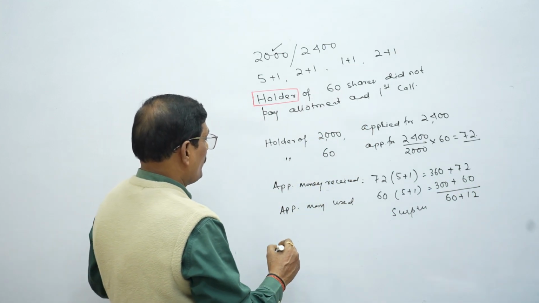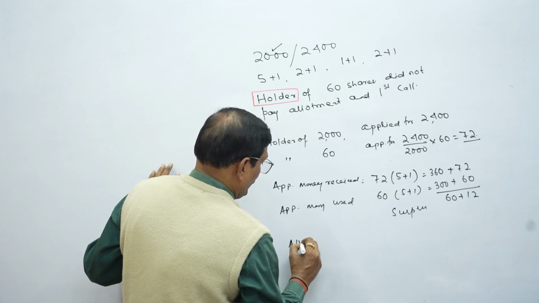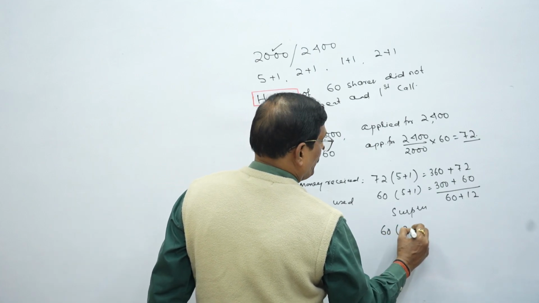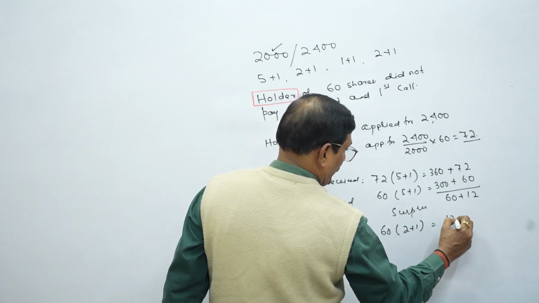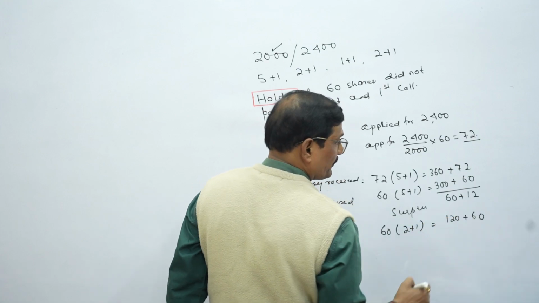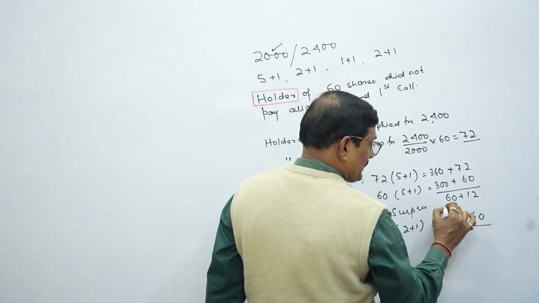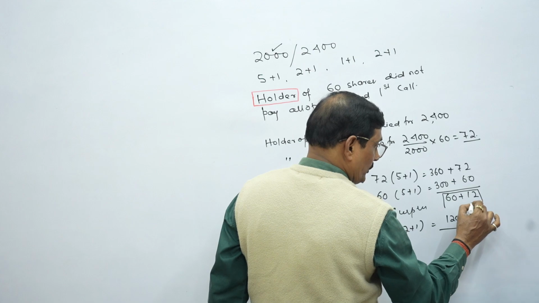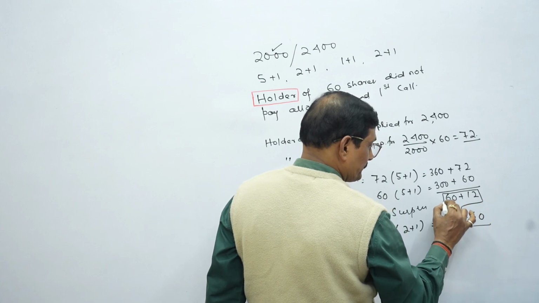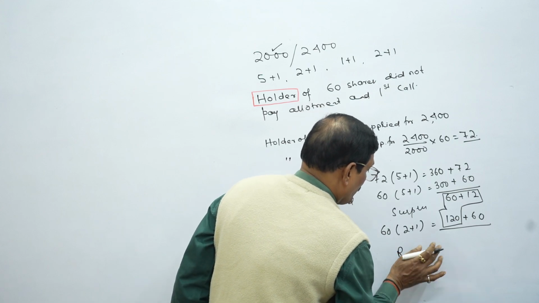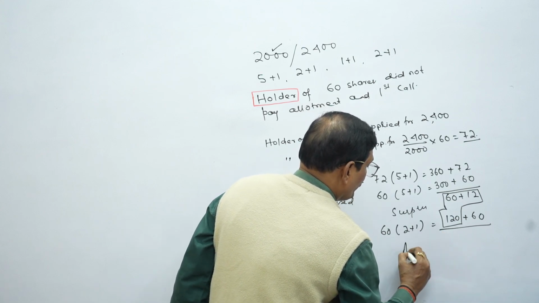Right? Now, at the time of allotment due, that is 60 into 2 plus 1, 120 plus 60. As I told earlier, the surplus amount will be adjusted towards capital first. Right? So the receivable amount will be, or here it will be arrear.